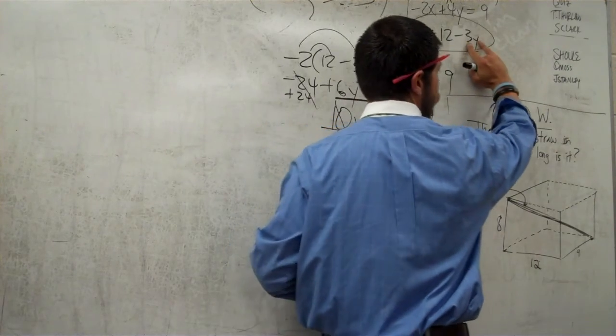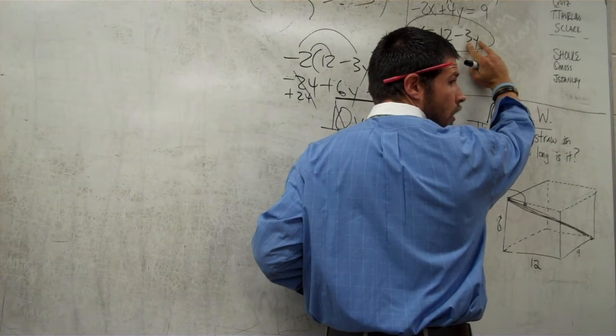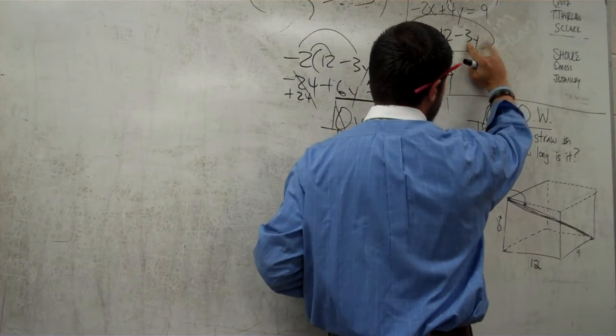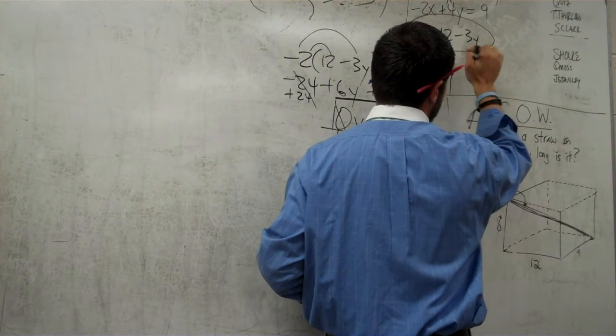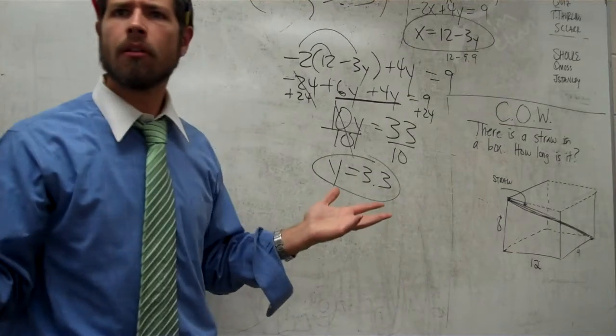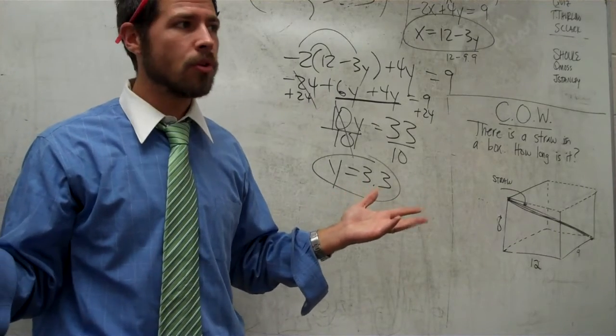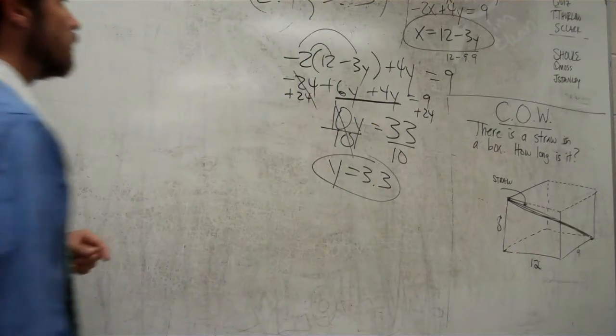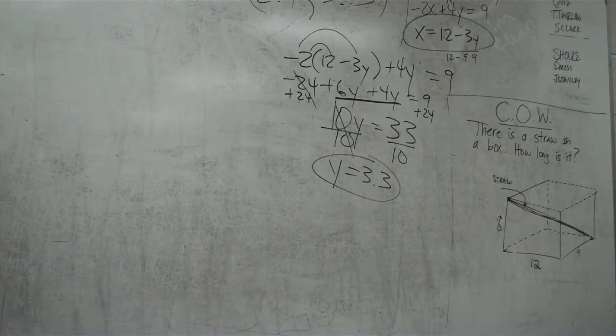What is 3 times 3.3? 9.9. And what is 12 minus 9.9? Well, let's see. What's 12 minus 10? 2, and then you got 0.1 left over. So isn't it 2.1? There you go. Done. Calculator will help you.